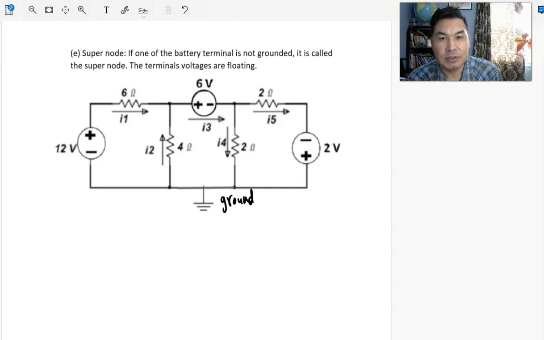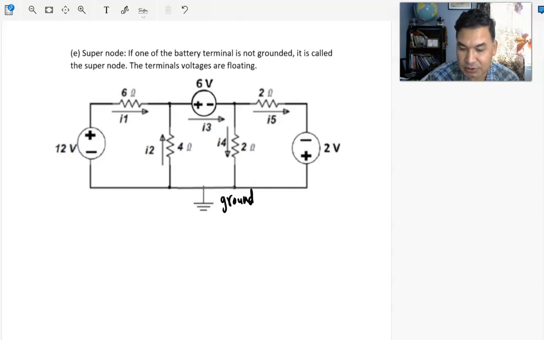So you have three voltage sources here, right? And for both the 12 volt and the 2 volt, one of the terminals is grounded, so that's fine. But for the 6 volt battery, none of the terminals is grounded. So if none of the terminals are grounded, we don't really know the exact voltage here and here.